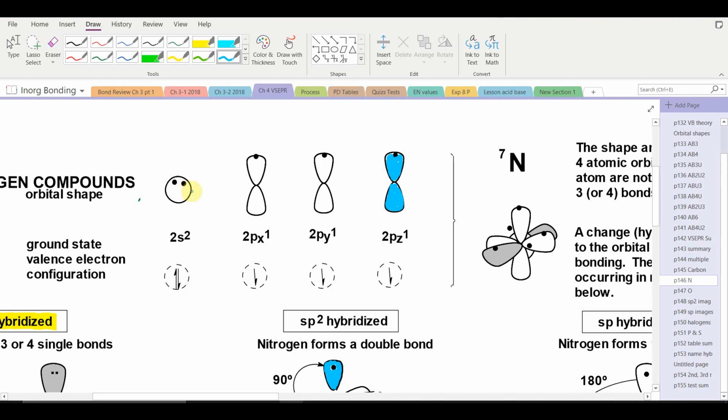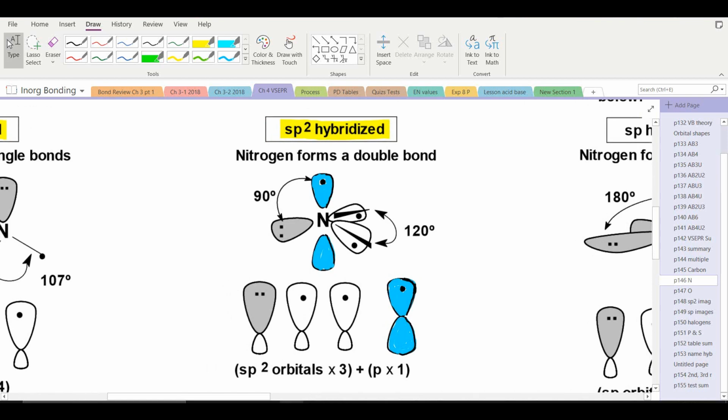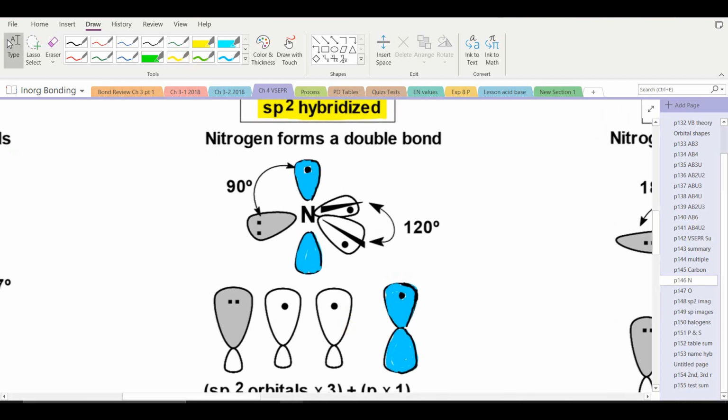So nitrogen hybridizes the s and the 2 of the p orbitals to give an sp2 hybridized atom. Recall that sp2 hybridized atoms have a triangular planar structure. So here's nitrogen. It's 3 hybridized orbitals, 120-degree bond angles, triangular planar, and the unhybridized pz orbital above and below the plane.